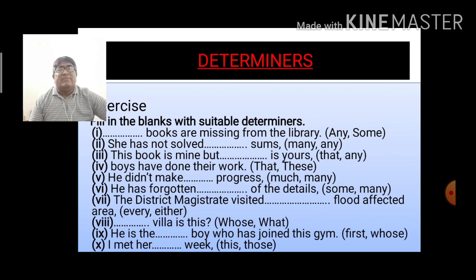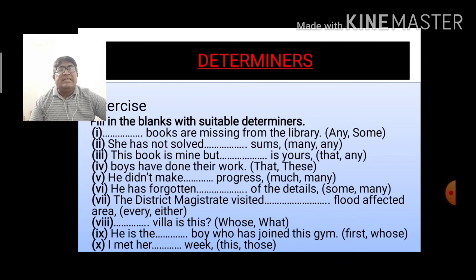The district magistrate visited every flood affected area. So every is there. That is very important, because in this statement there is no option to be chosen as one. So either cannot be used before that. Every is the most appropriate answer.